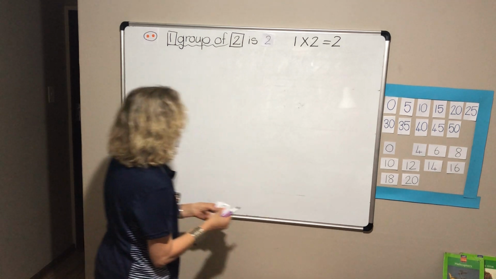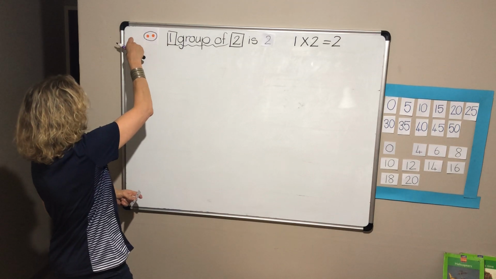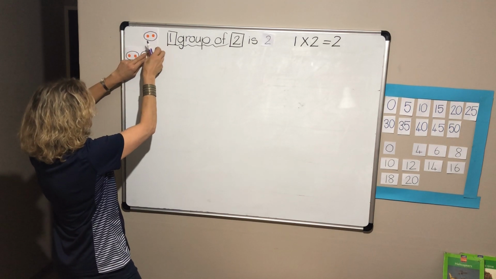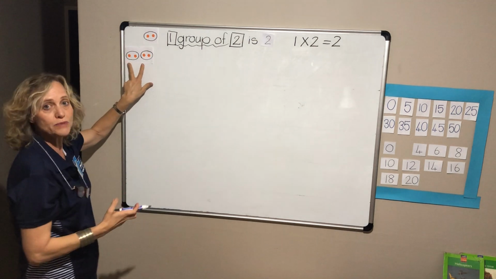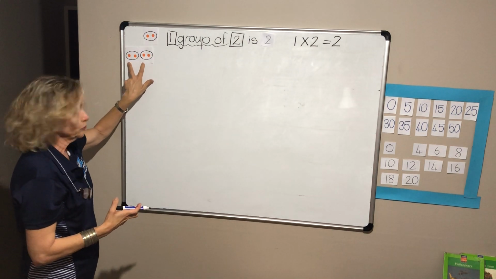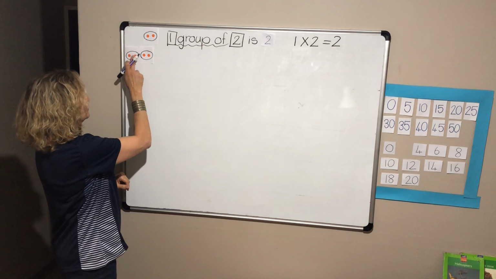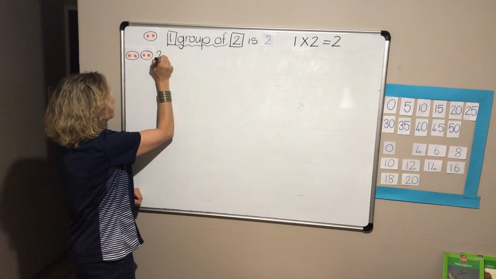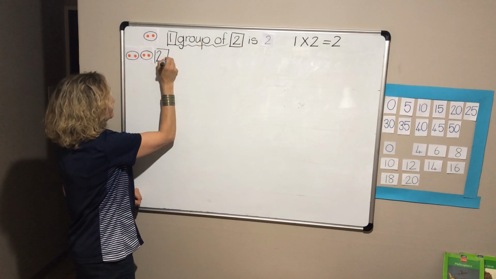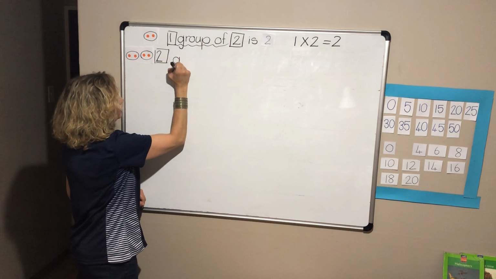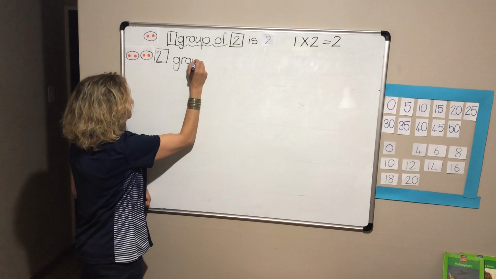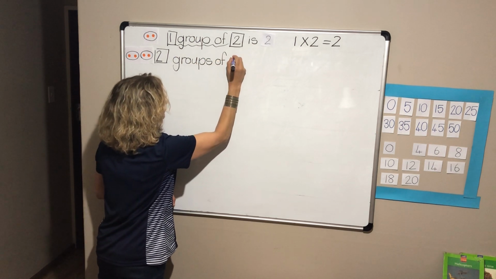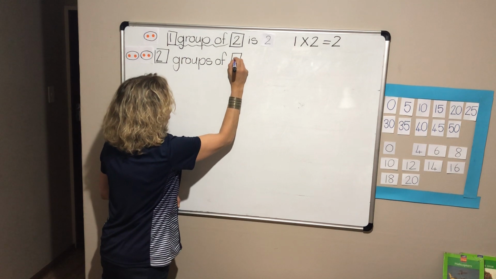So let's see how we work with 2 groups of 2. This is still easy. Okay, so how many groups do we have? 2 groups. Okay, 1, 2, 1, 2 in each group. So it's 2 groups of 2.